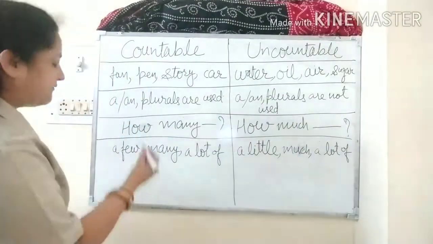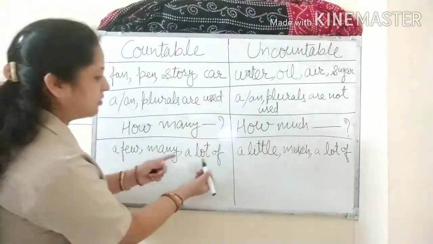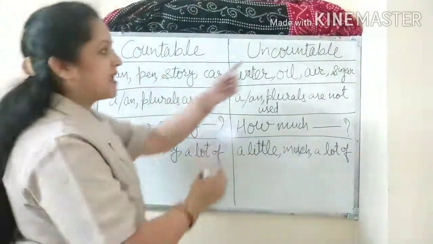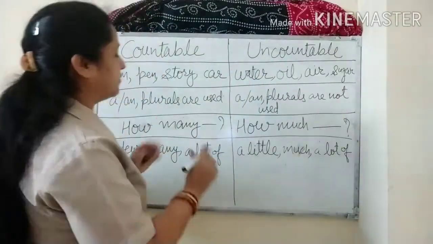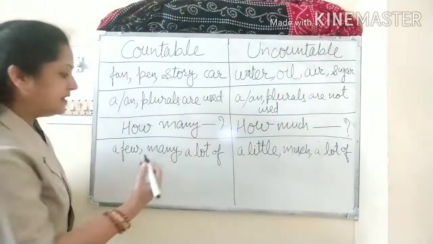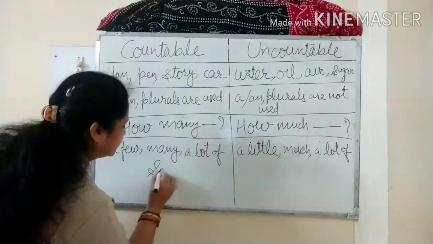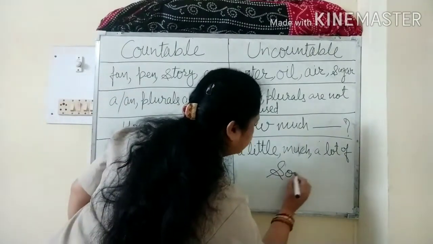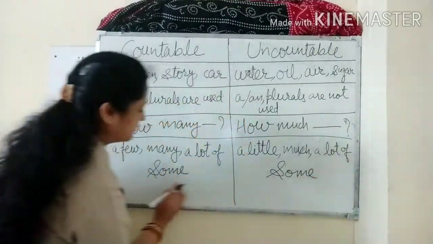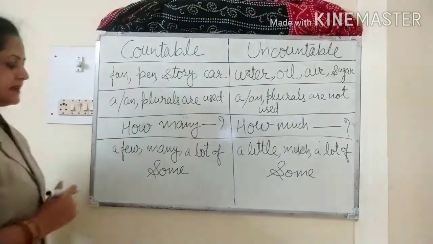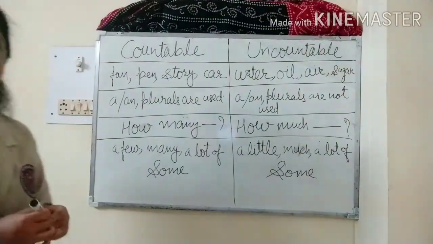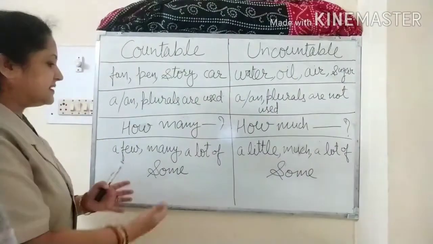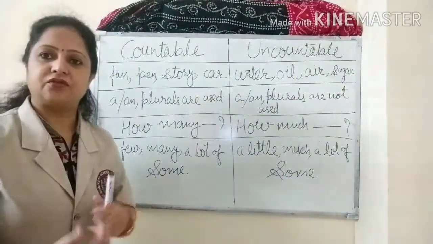After that, you can see that a lot of can be used for both countable as well as uncountable noun. In the same way, there is one more, that is some. This can also be used for both countable as well as uncountable noun. For example, some apples of this basket are rotten.